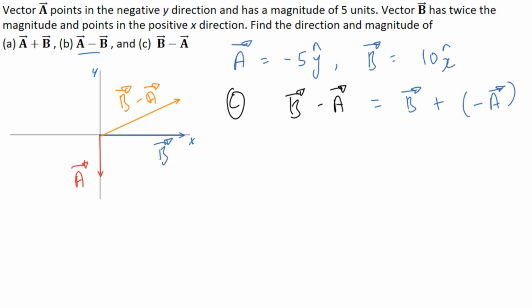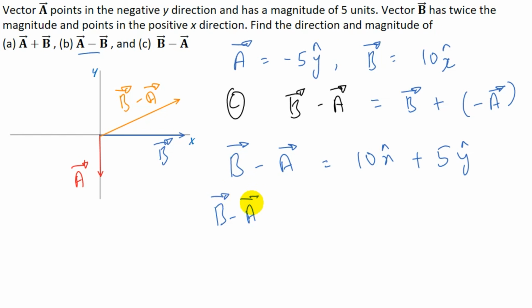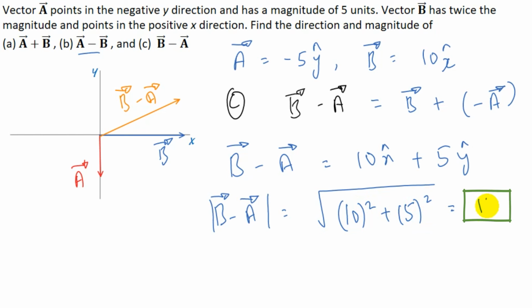Now we can follow the same procedure to find its magnitude. So this is B vector minus A vector. B vector is 10 x cap, and A vector is minus y cap, so minus A vector would be plus 5 y cap. Now its magnitude, B minus A vector, would be the square root of the x component squared plus the y component squared. So 10 squared plus 5 squared, and we'll get 11 units.